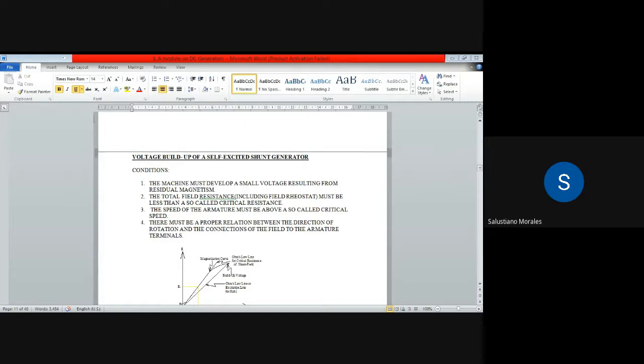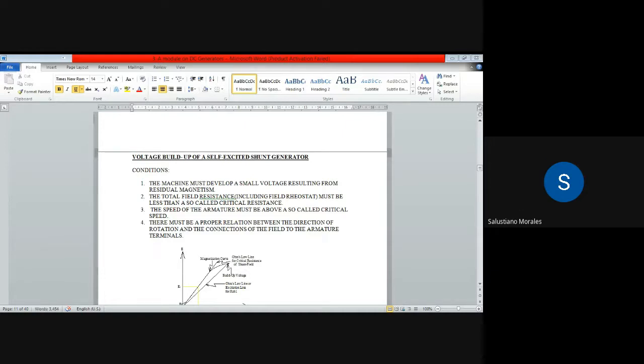There is a tendency that it will not build up its voltage if we could not meet the different conditions for a self-excited generator. So we will discuss here the conditions in a certain generator in order to build up voltage.